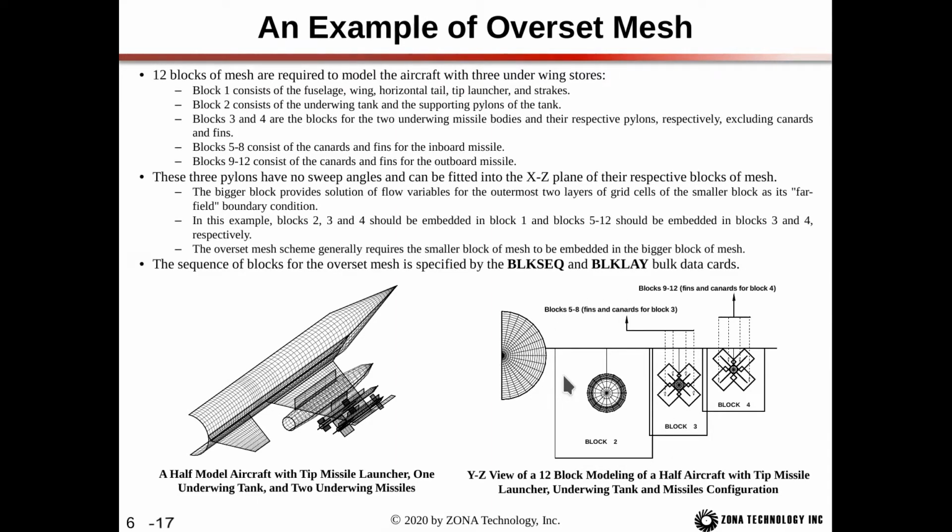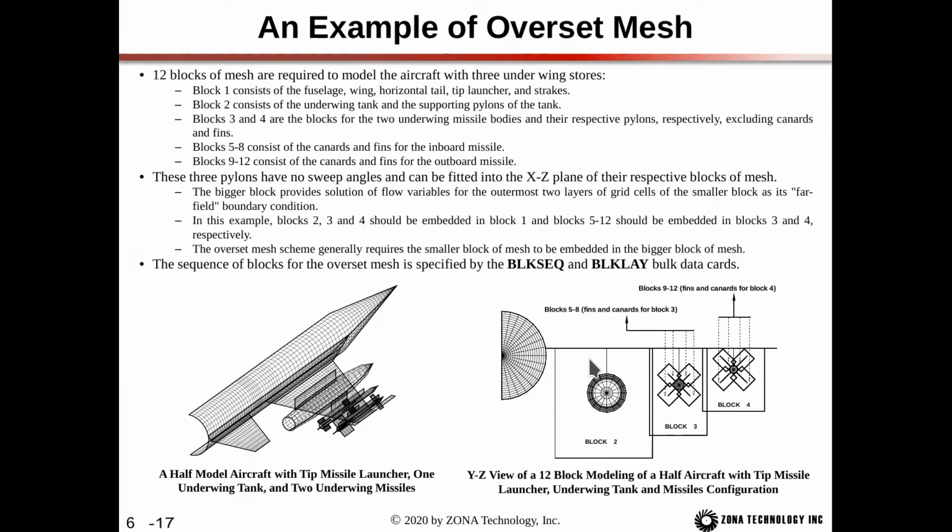So you can see here that the boundary of these pylon and store blocks butts up against the wing. Now this is important because remember, the main block flow solution is being interpolated to the outer 2 cell boundary of the embedded blocks. Obviously the flow solution is going to be completely different and not affiliated with the upper and lower surfaces.